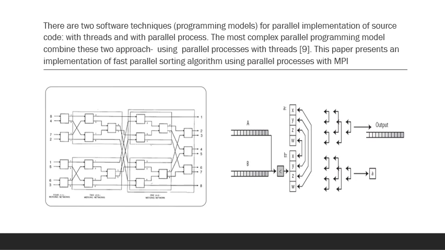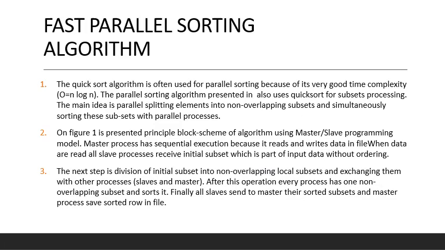Let us see two pictures which are related to the fast parallel sorting algorithm. The quicksort algorithm is often used for parallel sorting because of its very good time complexity, Big O of n log n.